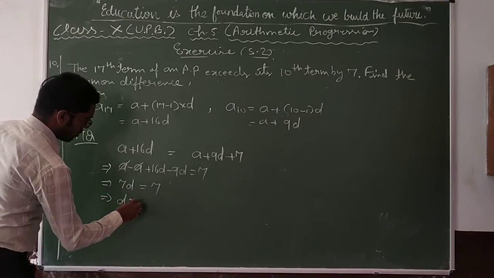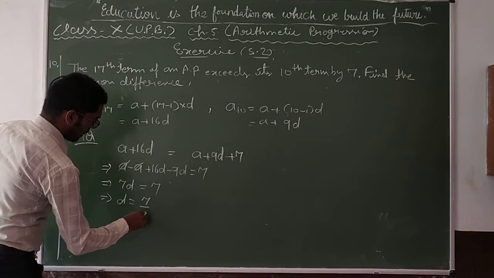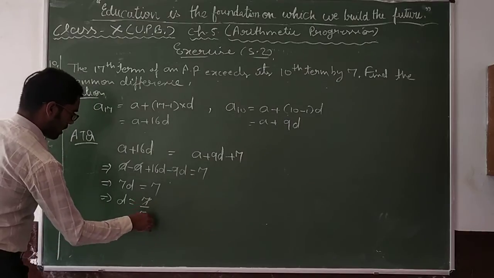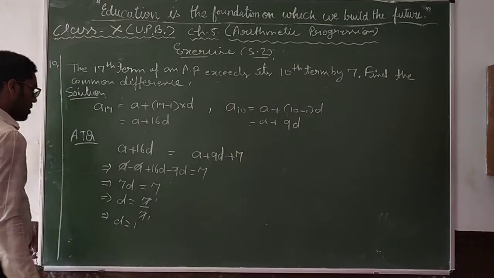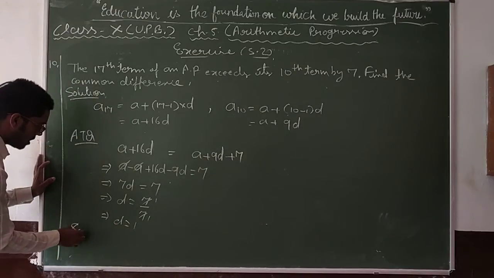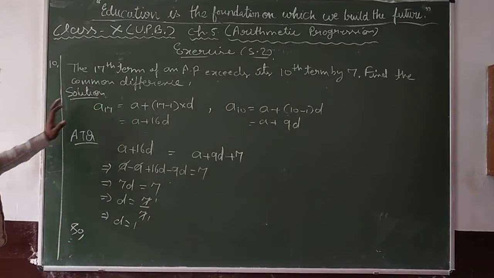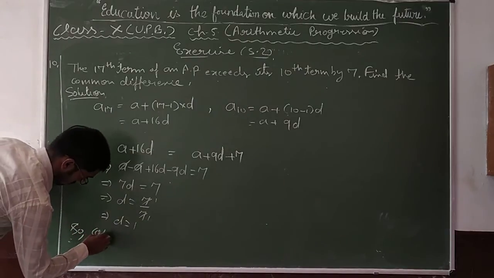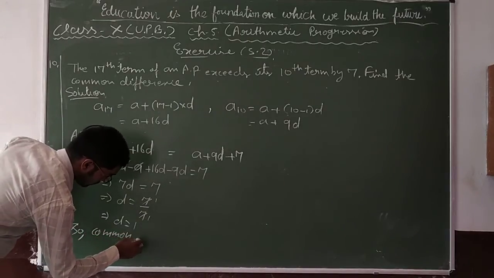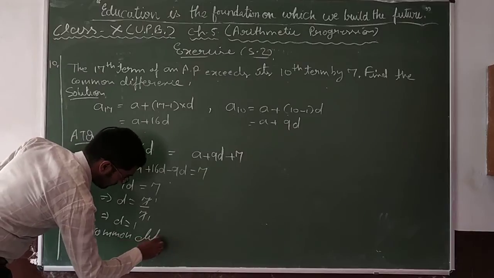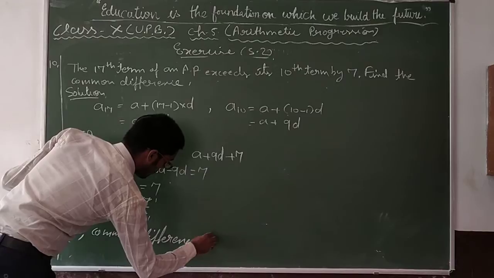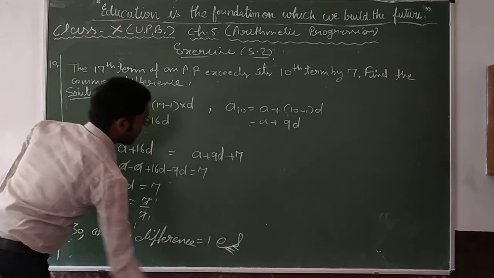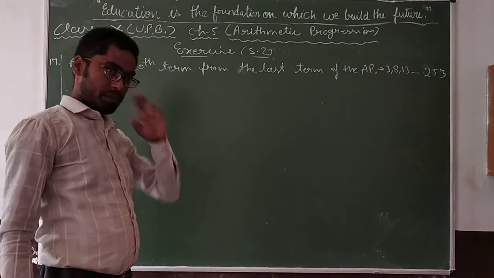Then d is equal to 7 upon 7, which is 1. d is equal to 1. So the common difference is 1. That is your answer. Let us solve the next question.